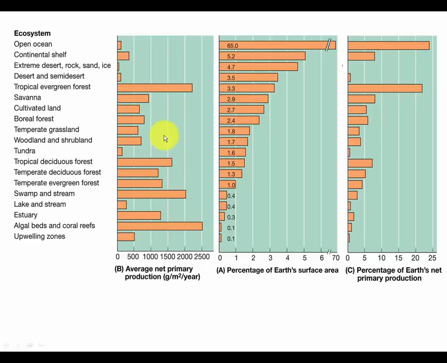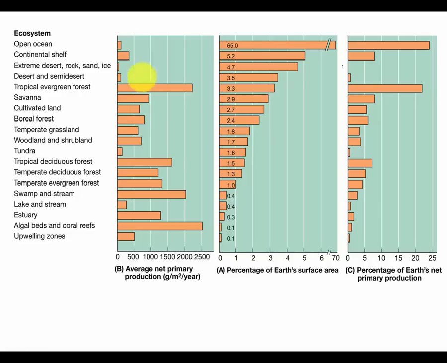You'll notice one of the things that's true about all of these particular biomes is they are all warm, generally, and they all have abundant amounts of water. As you get to colder climates, things like boreal forests or woodland and shrubland, productivity goes down. As you get to drier areas, places like savanna habitat, the primary productivity goes down.